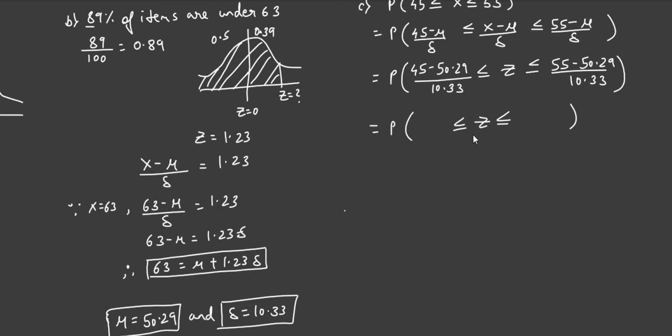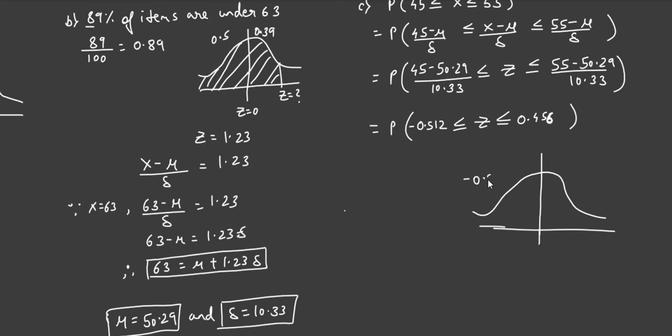Okay, so I will write the values over here, and then we have to make a normal curve. So it is minus 0.512, and here it is 0.456.